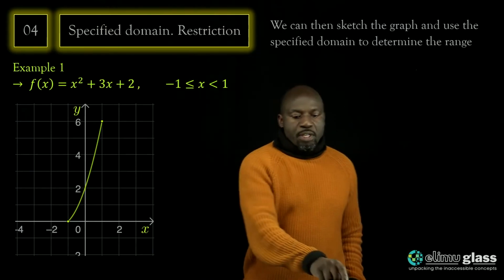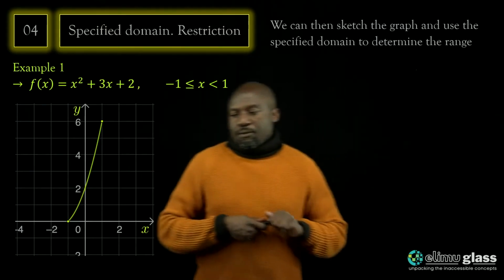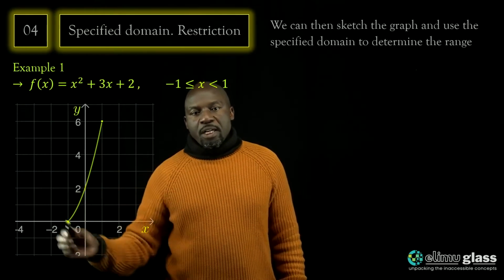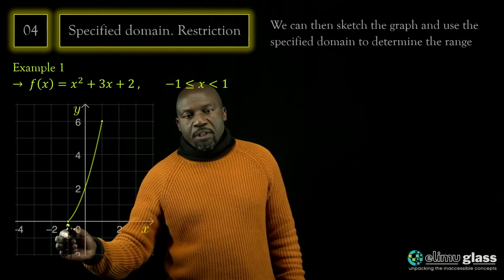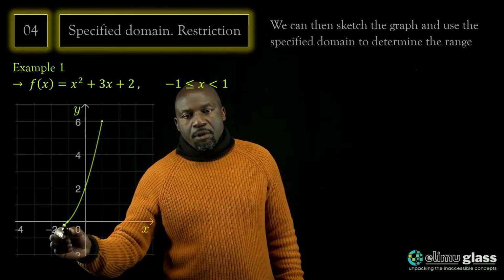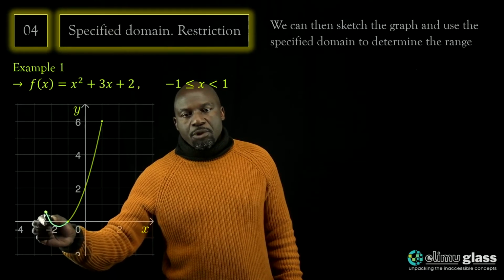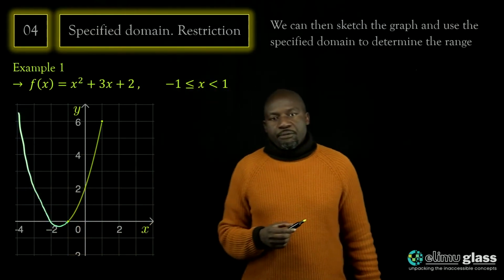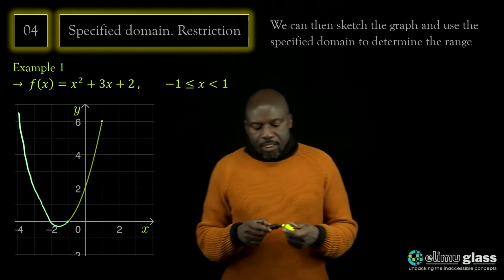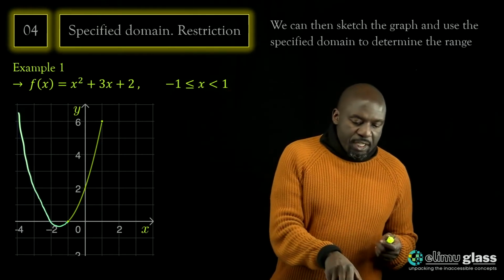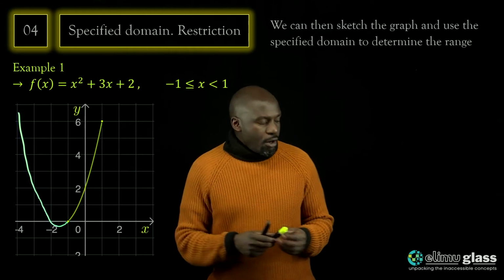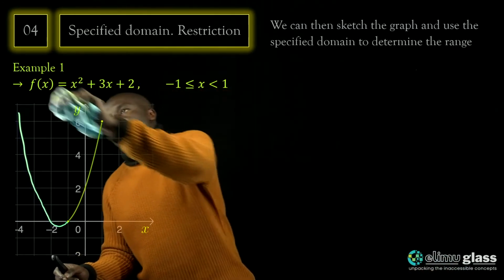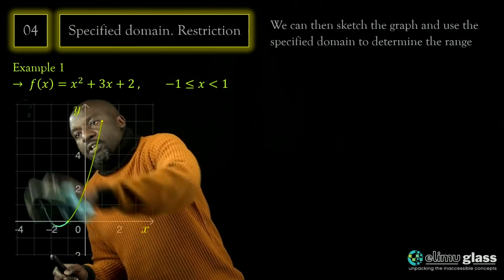So while we know that the quadratic function is a parabola, it should effectively continue like that and pass through 2 and up there like that. So the quadratic function should look like that. But we are only interested in the specified domain, and that's why we don't need to include this section of the graph, okay?